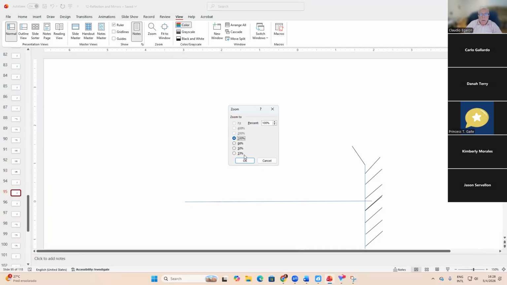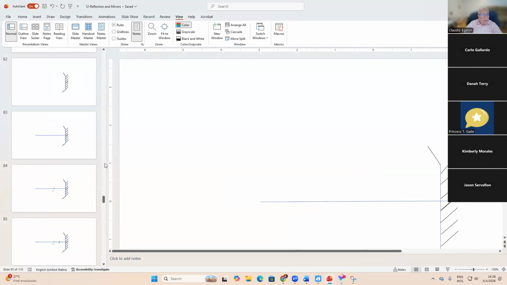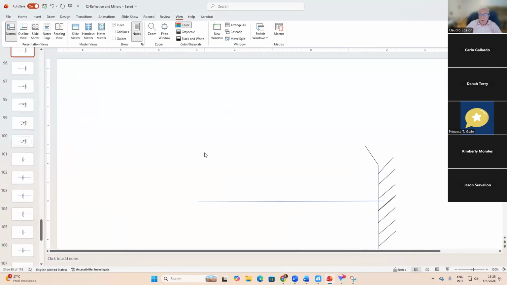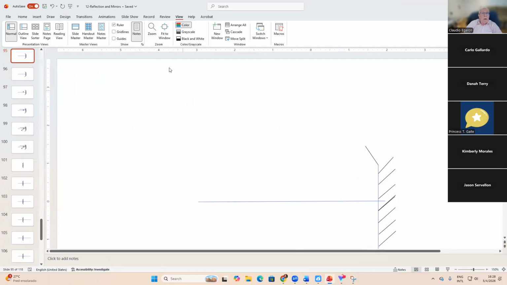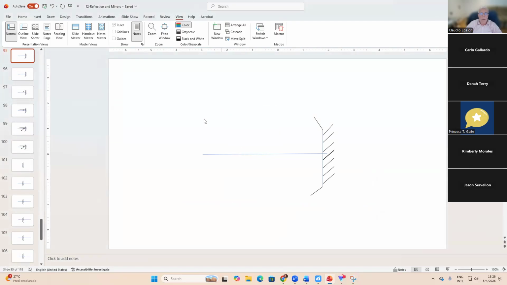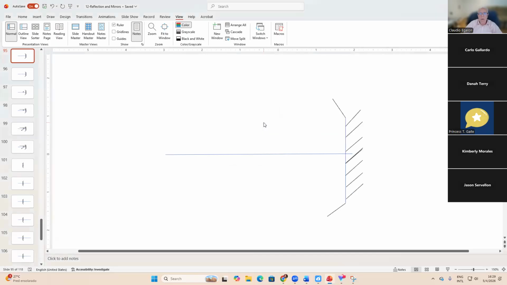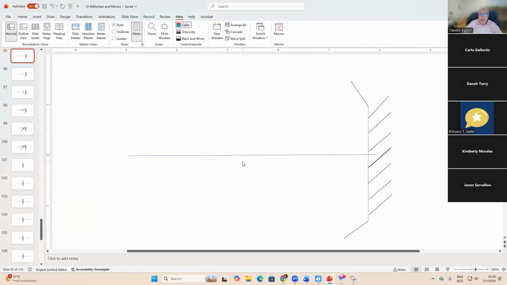Zoom. Let's try 150. Good, larger. Can I do 200? Yeah, I can do 200. Now it's better. Here, axis, center of curvature, focal point, object, right?